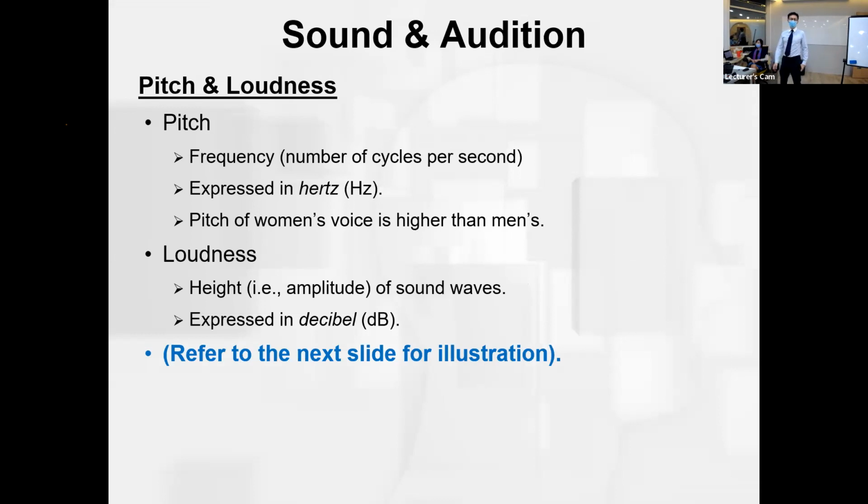Let's finish up with the recap. You also learned that sound waves have only two qualities: one is pitch, the other is loudness. Technically, that's frequency versus amplitude of the vibration. Now, what does that mean? In terms of experience, I'm talking in a very high pitch and a very low pitch, but you notice the volume is about the same.